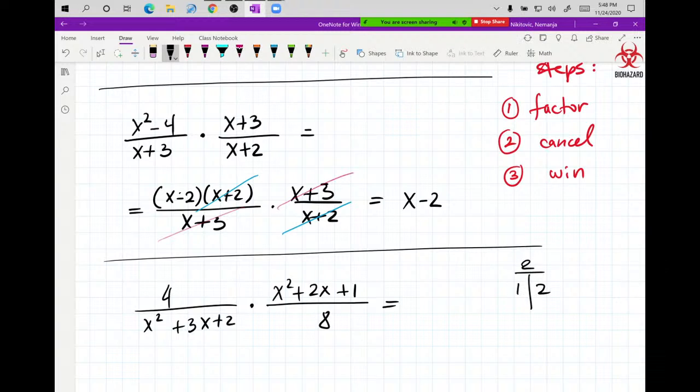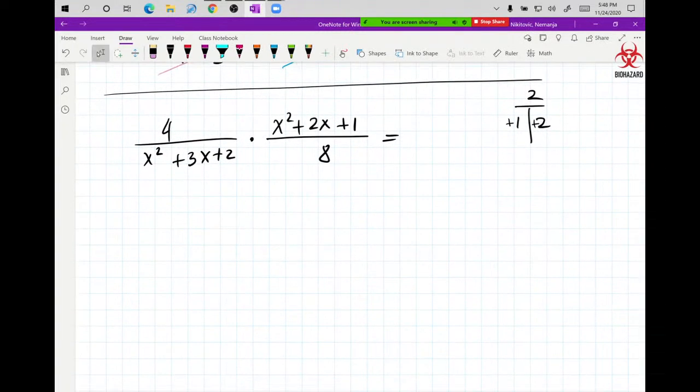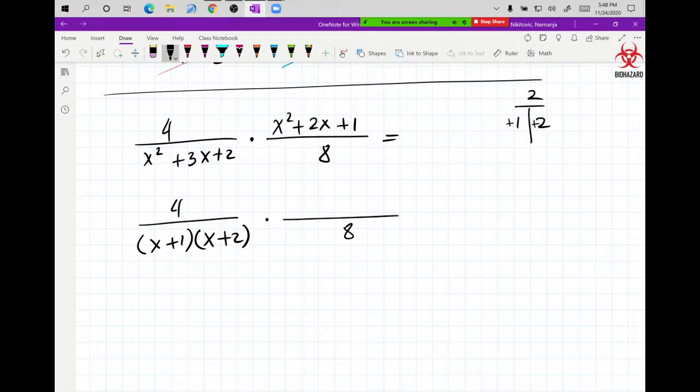Exactly, yeah. So if both of these are positive, they will multiply into positive 2, which is good, and they add into positive 3, that's good as well. So we are done with the first factors, x plus 1, x plus 2. Now the second one is hopefully easier because the factors of 1 are just 1 and 1, so x plus 1, x plus 1.